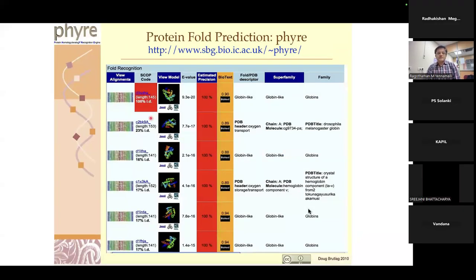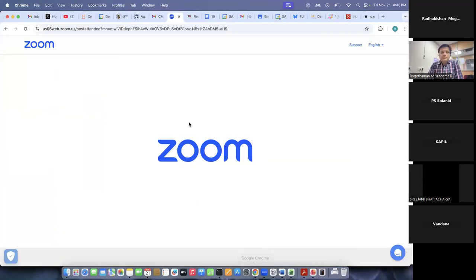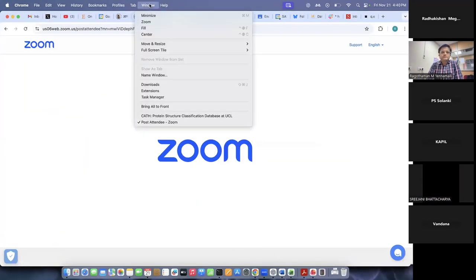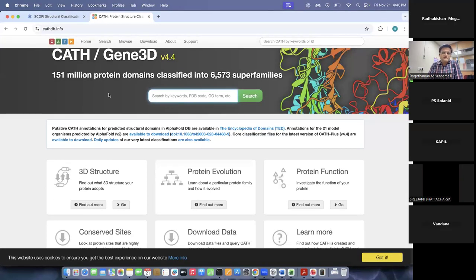For example, this particular protein is globin-like, and so on. So it will give you what prediction it is. This particular tool, FIRE, can tell you what type of superfamily or what type of fold it belongs to. Okay, so yeah, this is the CATH database website.